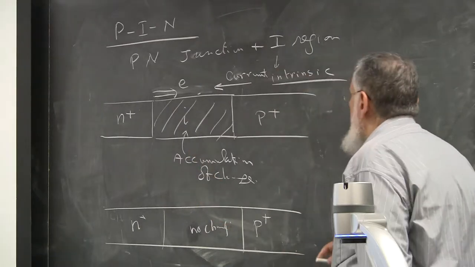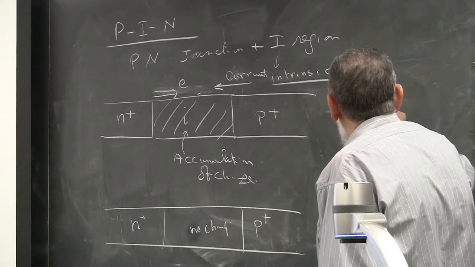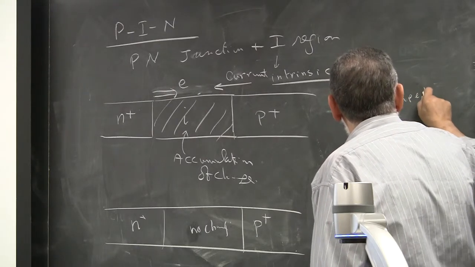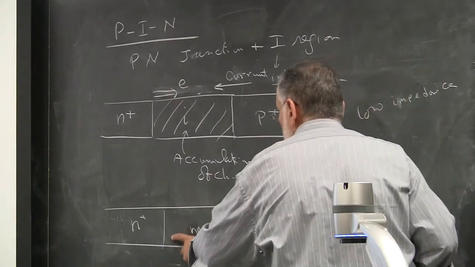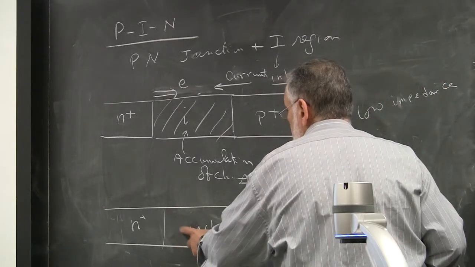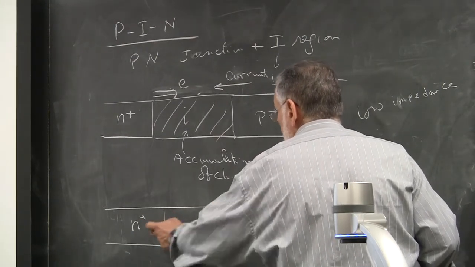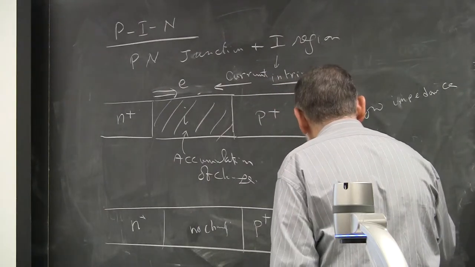Now, look at this. In the forward bias, you have very low impedance. While in the reverse bias here, because this is now an insulator, or intrinsic, you have a very large separation between the P plus and N plus, and therefore you have a very small capacitance.